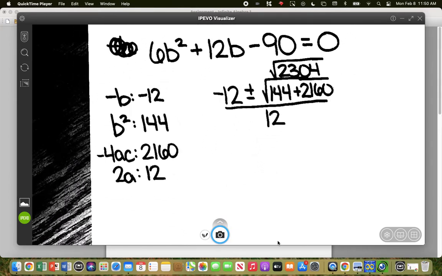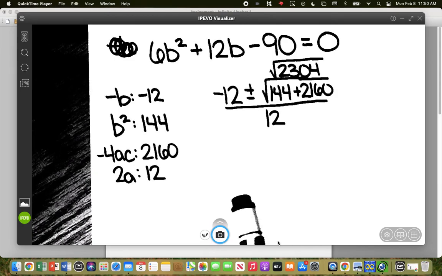So I'll show you guys the next part of what I have. I have this. Okay. What do you guys think about the negative b and the b squared? Are we okay with those two numbers? What about the negative 4ac? 2a is 12.